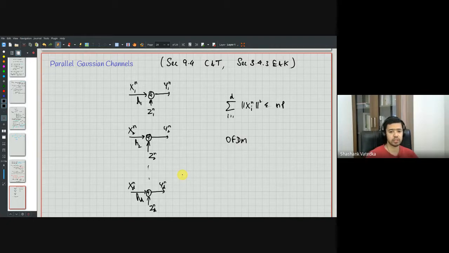Okay, so suppose that you have D parallel channels from the input to the output.